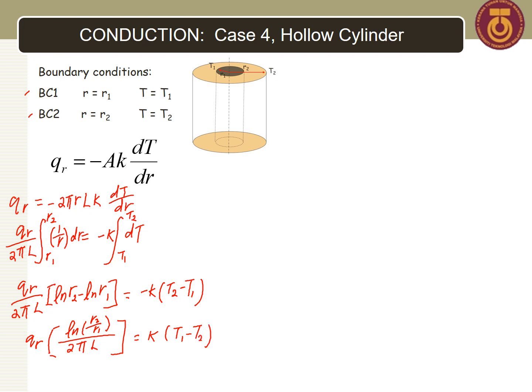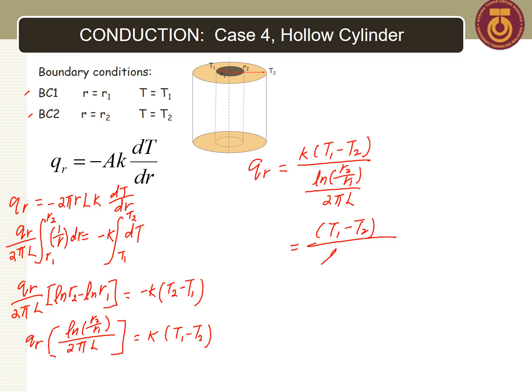Then we move everything to the right, and we get Q(r) equals K times T1 minus T2 divided by ln R2 over R1 divided by 2 pi L. We move K to this part: T1 minus T2 divided by ln R2 over R1 divided by 2 pi L K.